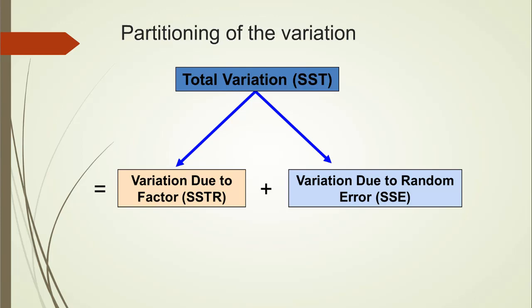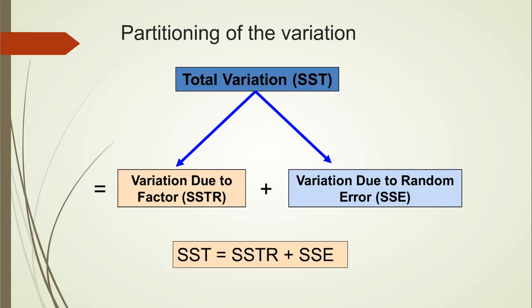T is for total. Variation due to factor is denoted as SSTR, meaning sum of squares due to different treatments. TR stands for treatment here. Variation due to random error is represented using SSE, sum of squares due to random error. E stands for error here.